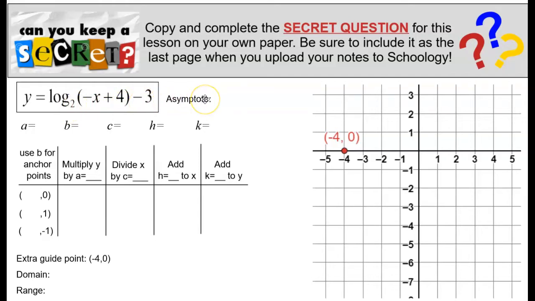So you're going to find the equation of the vertical asymptote, identify your a, b, c, h, and k values, find your anchor points using the base, and then take those anchor points through the transformation process and plot them on the graph. The extra guide point at -4, 0 has already been given to you, so your function is going to pass through that point. And then once you've got your graph, you can identify the domain and range.